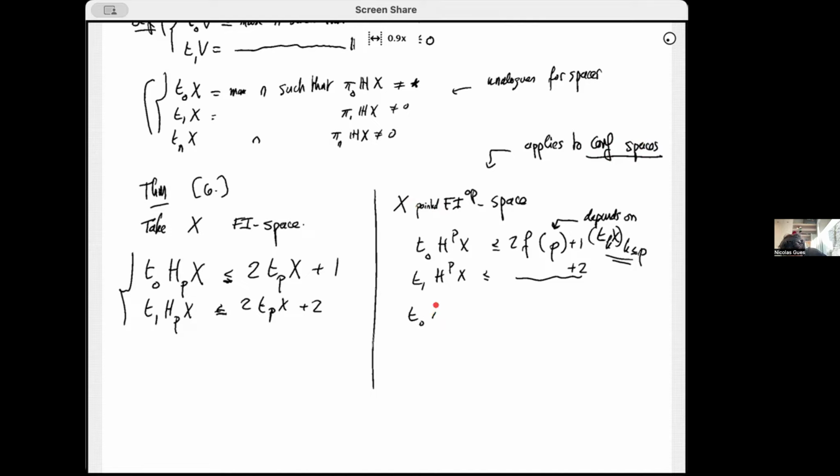And I can look at the dual of the homotopy groups of X into Z, and this will also be controlled by 2 TP of X plus 1. I'll have the same thing for T1 and also the same thing for the Ext groups.